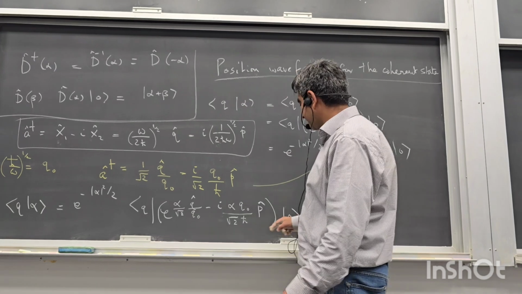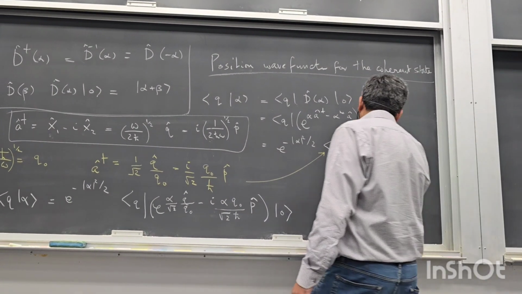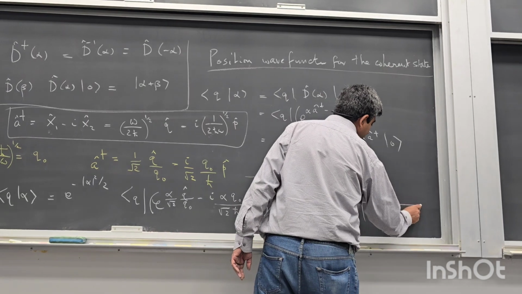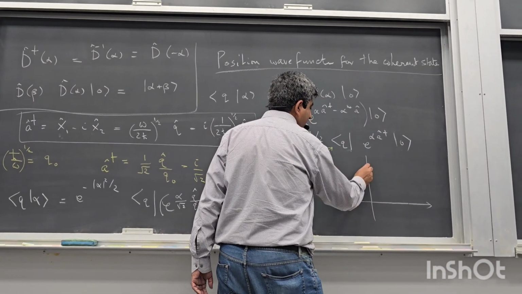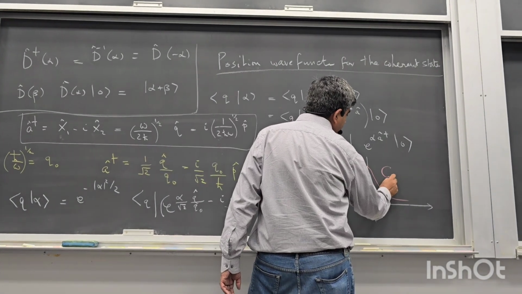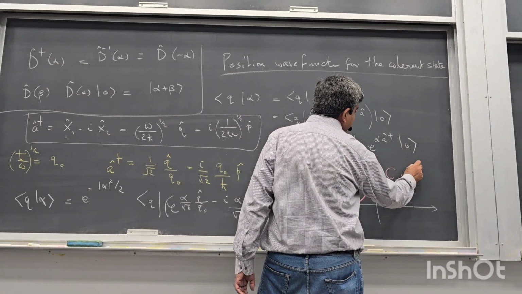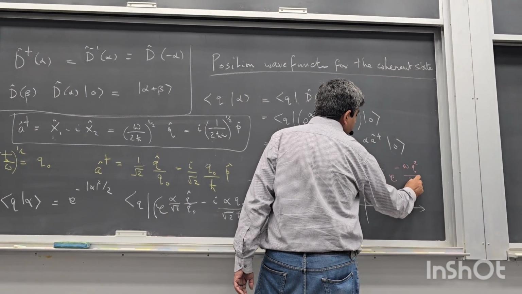The wave function, which is the ground state of the harmonic oscillator, really looks like a Gaussian with some form C naught e^(minus omega q^2 over 2 h bar).